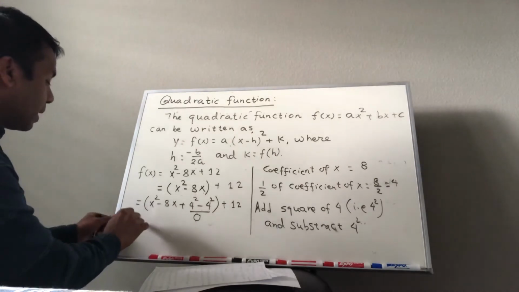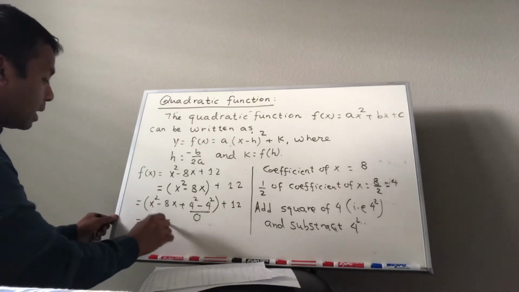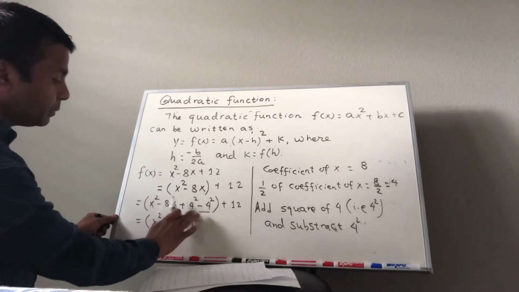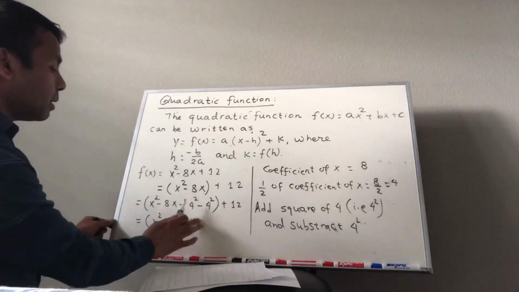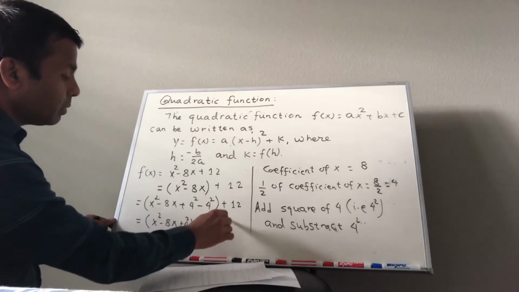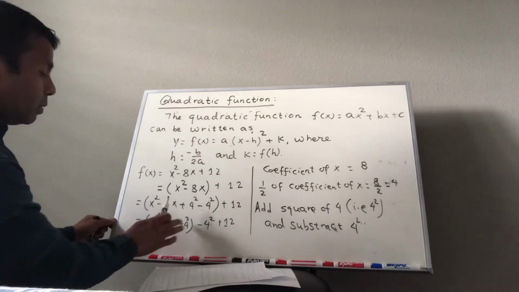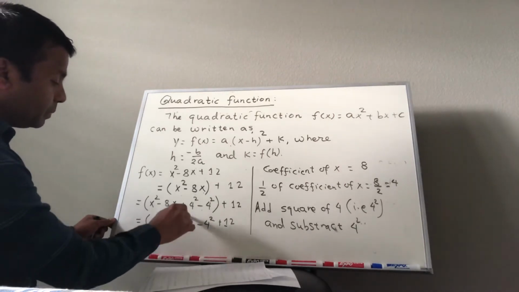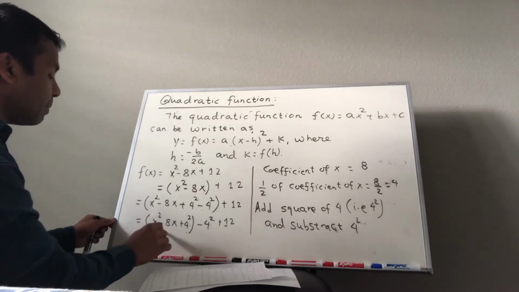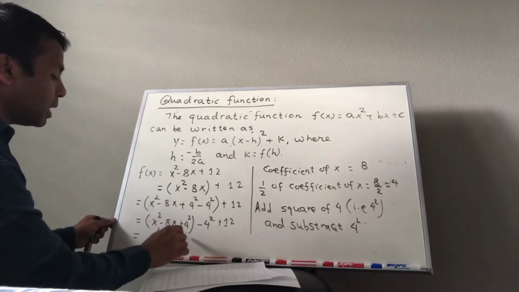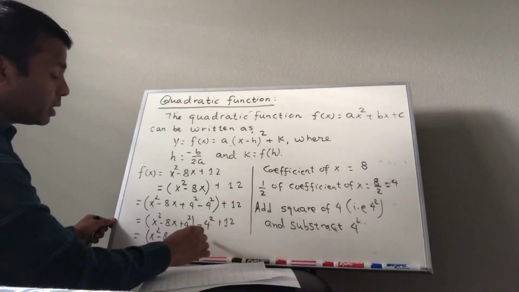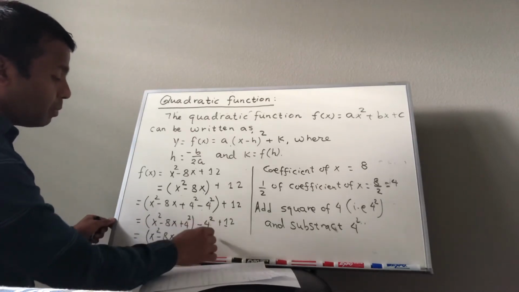After that, I group this, and I write down negative 4 squared plus 12. So this is x squared minus 8x plus 16, and 4 squared is 16, negative 16 plus 12.